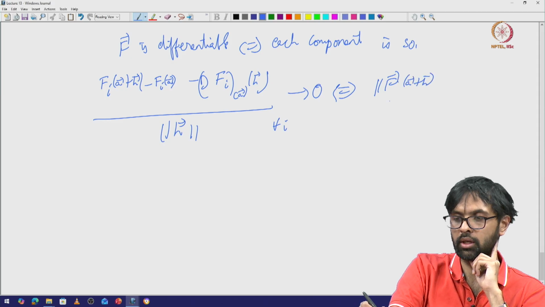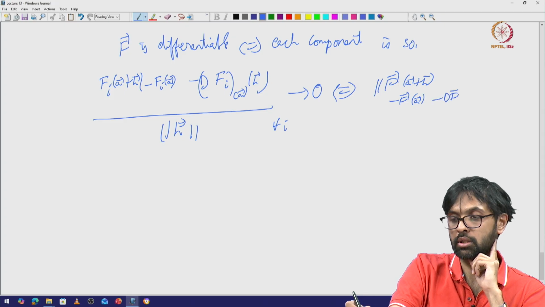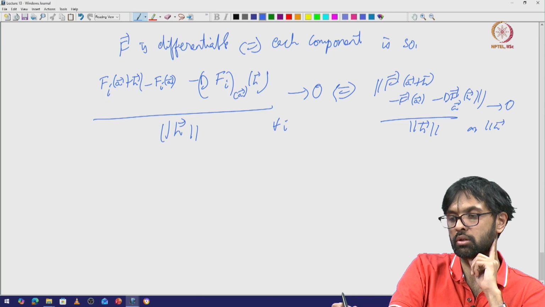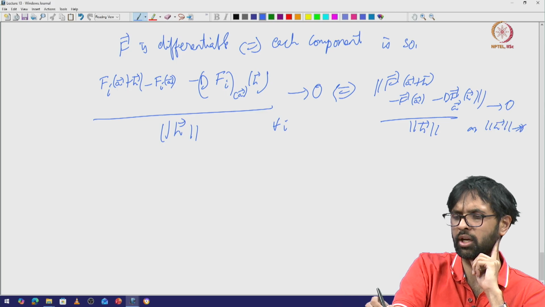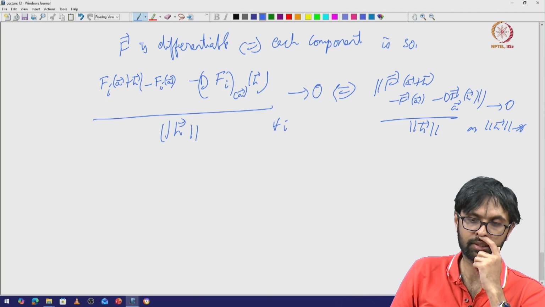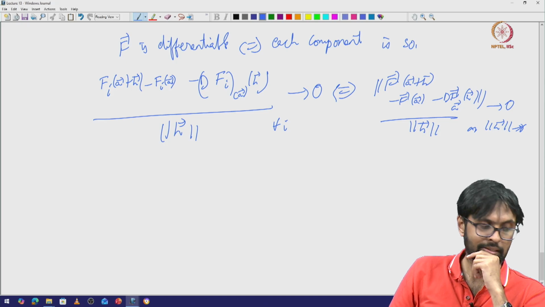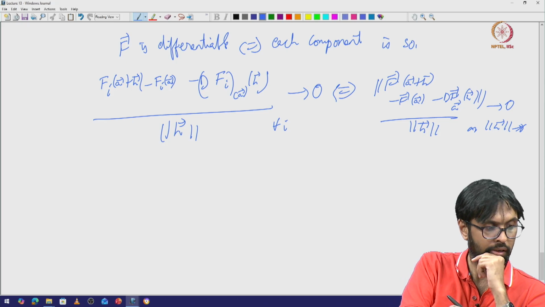Okay, this is very easy. It's exactly the same proof that, for example, a vector valued function is continuous if and only if each component is continuous. Okay, you don't need to put the norms, but you can still. Okay, so this you can prove, all right.